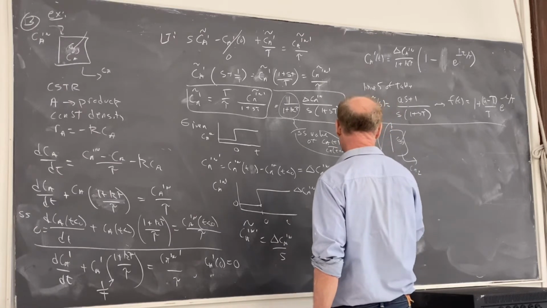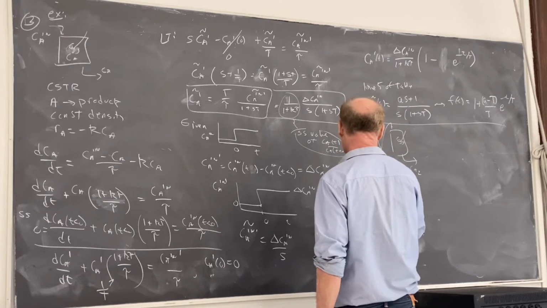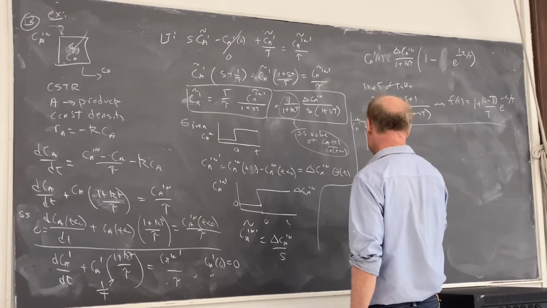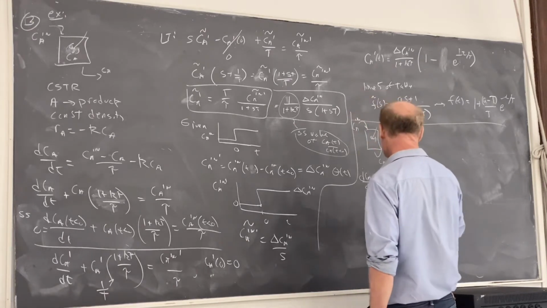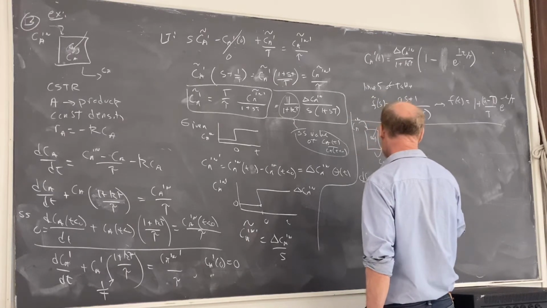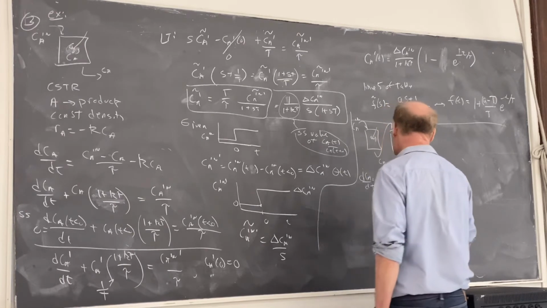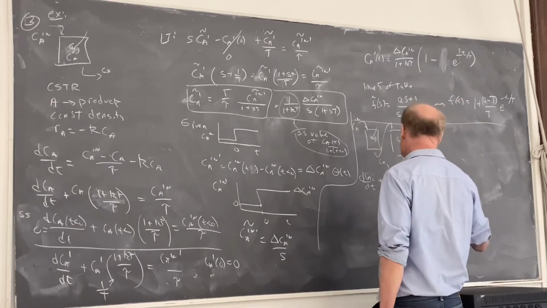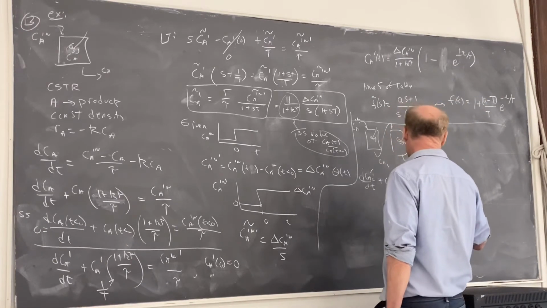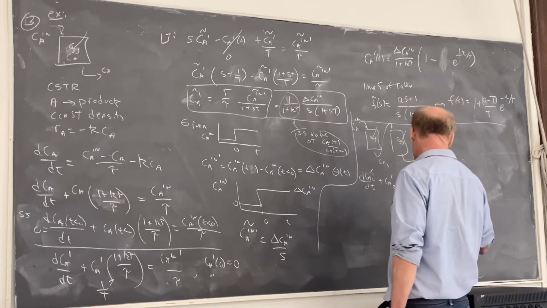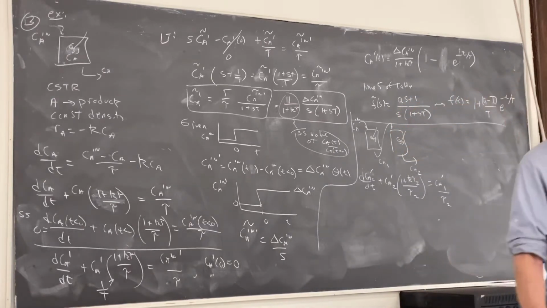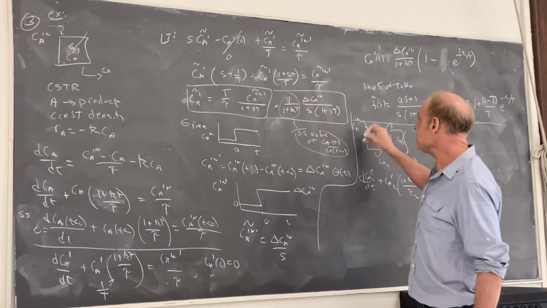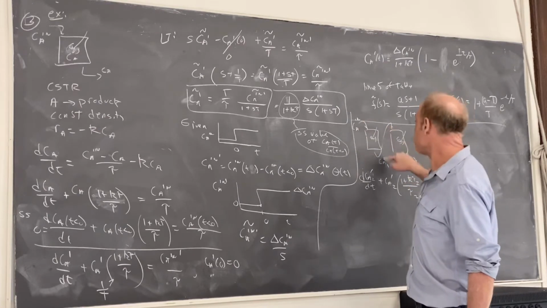So dCA2 prime dt plus CA2 prime times (1 plus k tau 2) over tau 2 is equal to CA1 prime divided by tau 2. It's the exact same thing as this, because it's a CSTR, but instead of CA in coming in, I've got CA1 coming in.